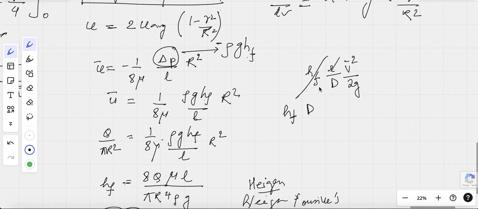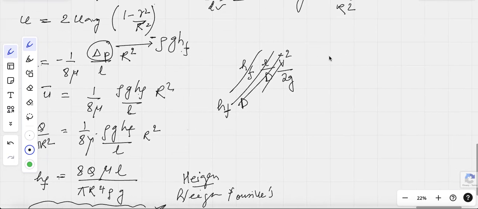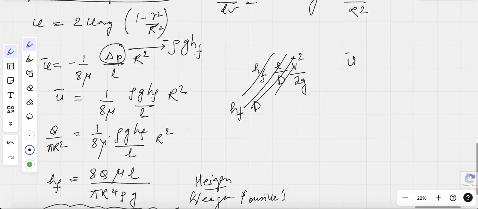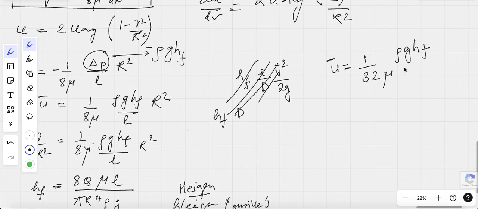Hold on. u bar is equals to 1 by 32 mu rho g hf by L d square.